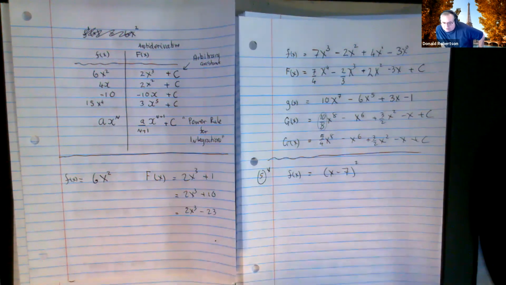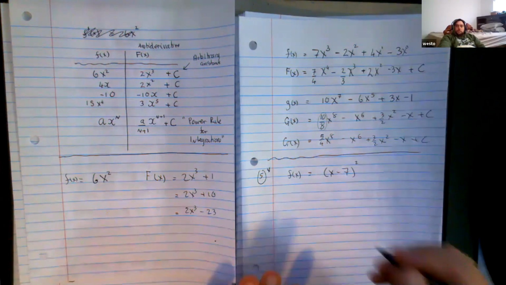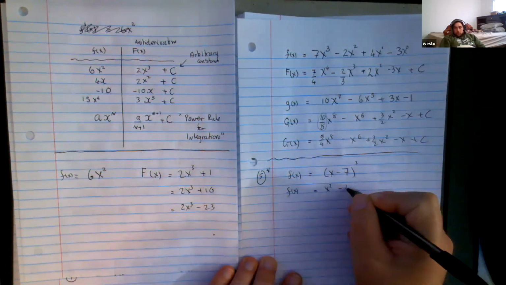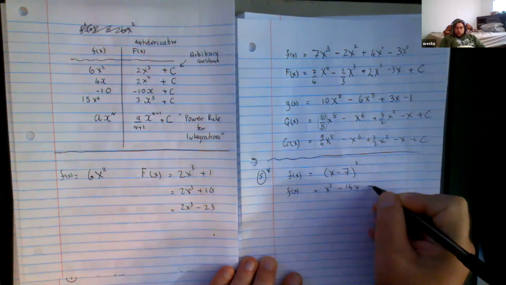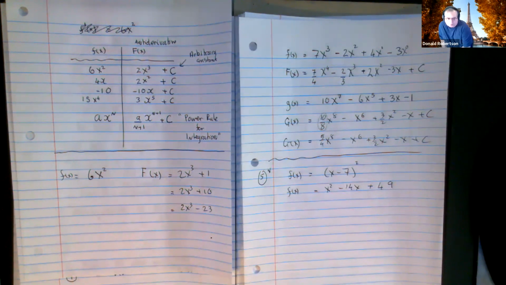How do you think I'm going to tackle finding the antiderivative of this function? Should we multiply it out first? That's what I would do. And then just use the power rule, right? The power rule for integration.